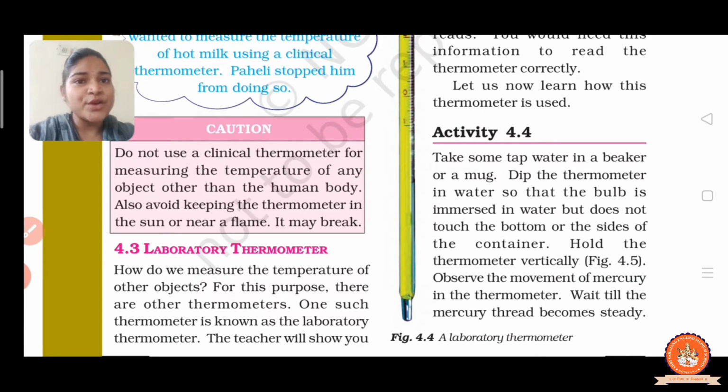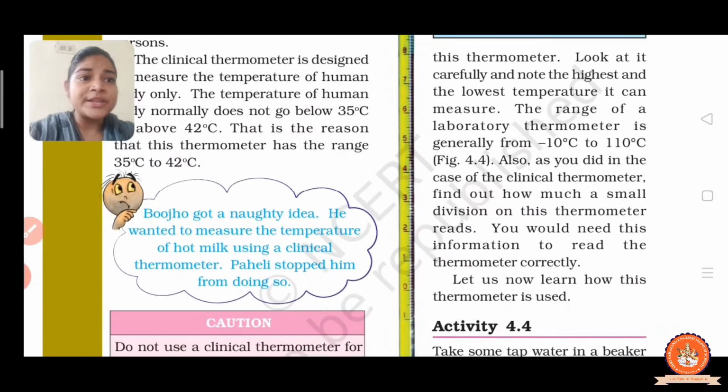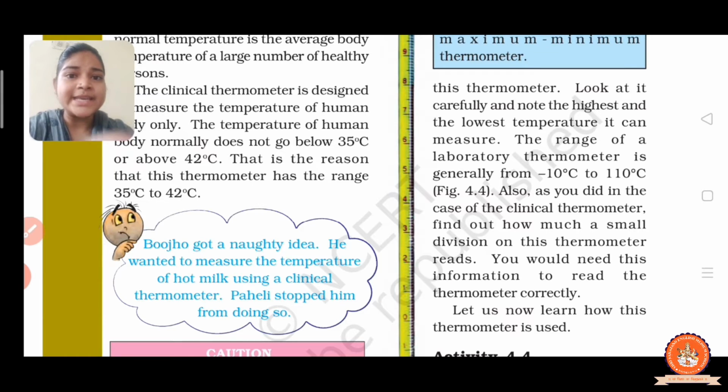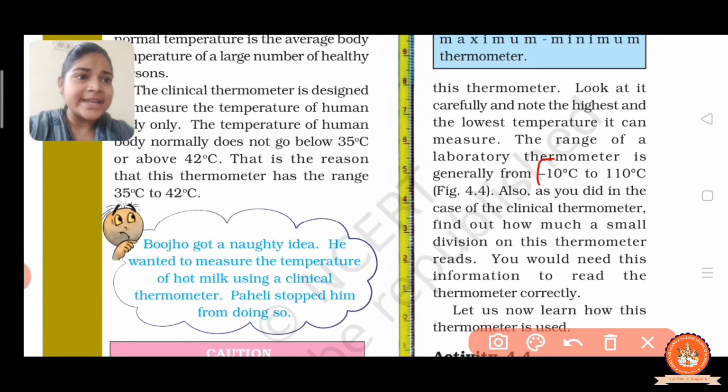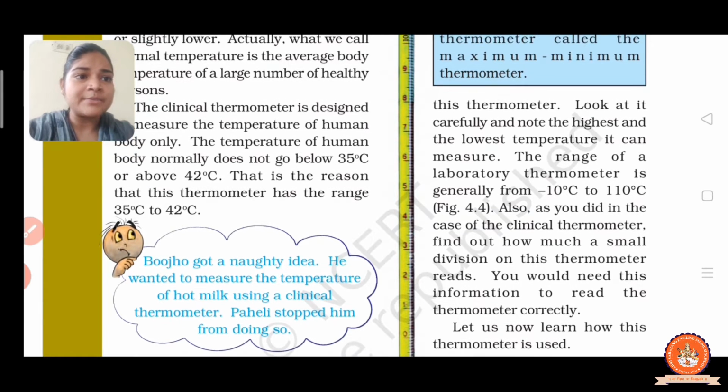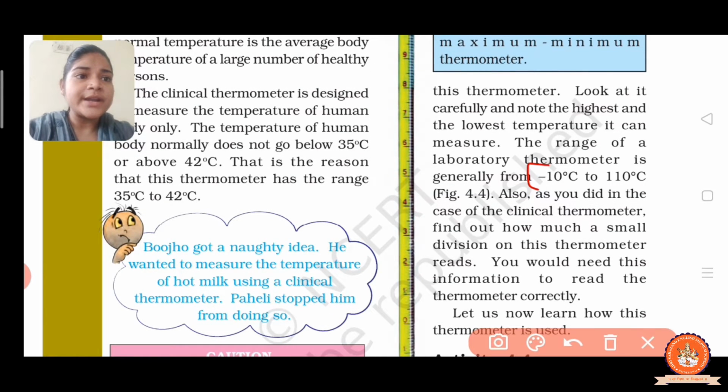If you want to measure the temperature of other objects, at that time the laboratory thermometer is used, which is mostly used in the laboratory to measure common objects, right? The range of the laboratory thermometer is minus 10 degrees Celsius to 110 degrees Celsius.